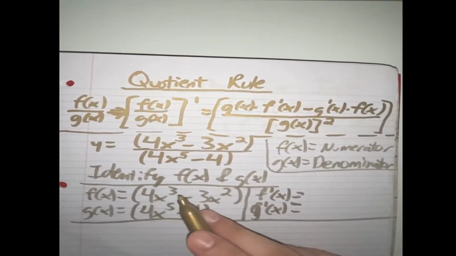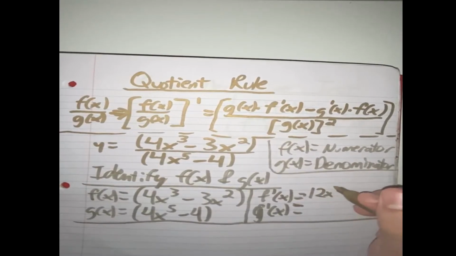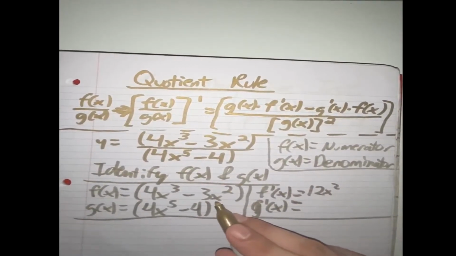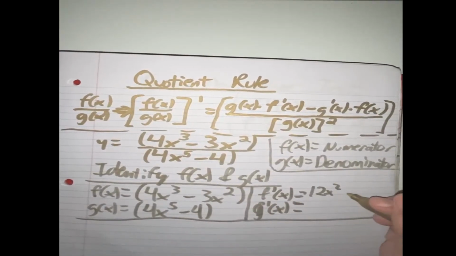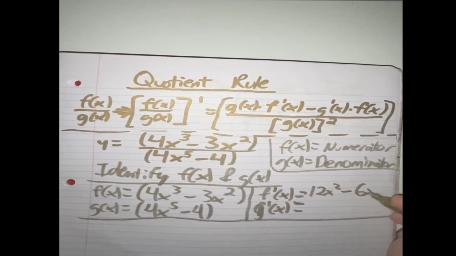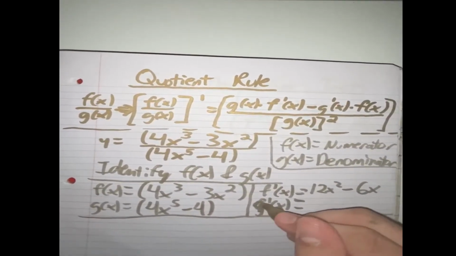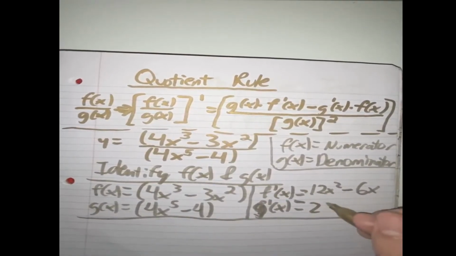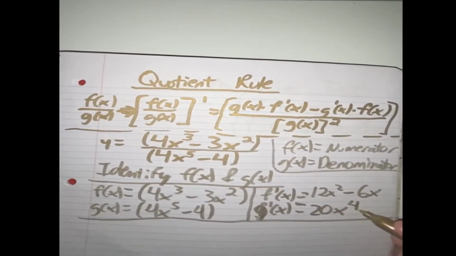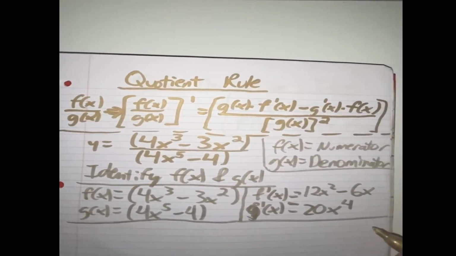So the derivative of 4x cubed would be 12x squared. And the derivative of 3x squared would be 6x. So minus 6x. Don't forget this minus sign. And the derivative of g of x to get g prime of x would be 20x to the 4th. And the derivative of minus 4 is 0, so we're not going to include it in g prime of x.